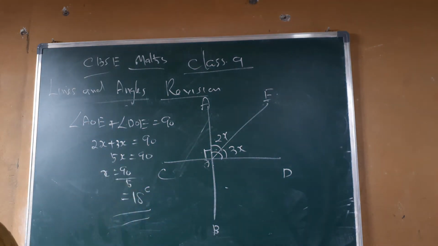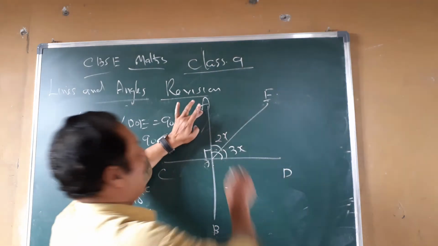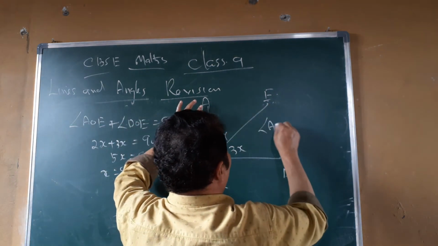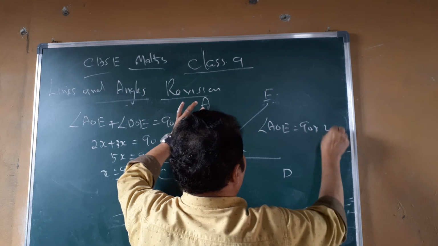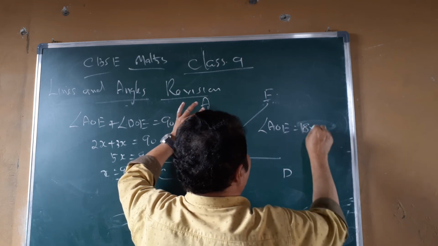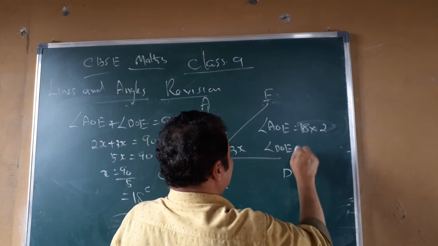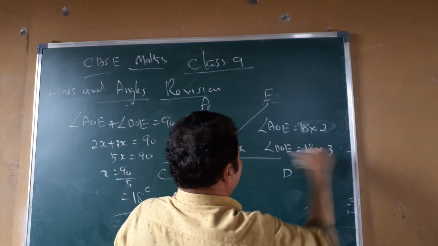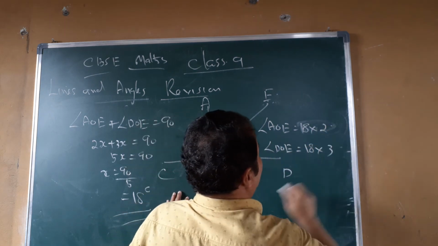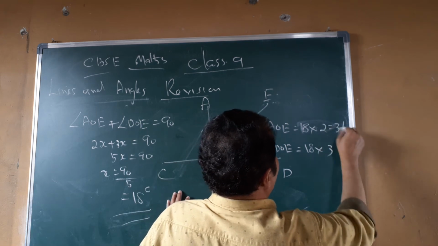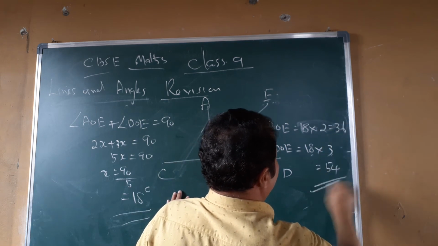So x is 18, so angle AOE is 18 into 2, DOE is 18 into 3. 18 into 2 is 36, 18 into 3 is 54.